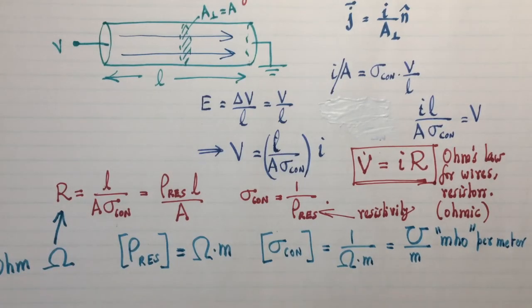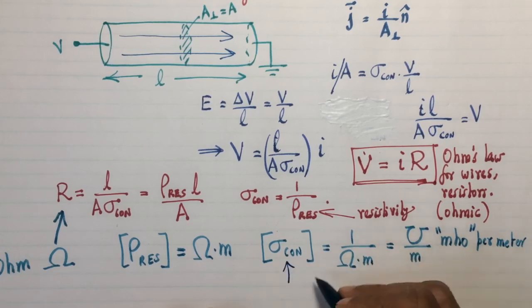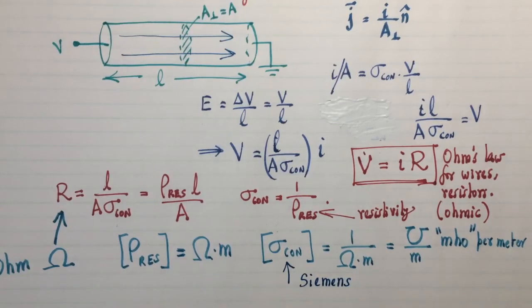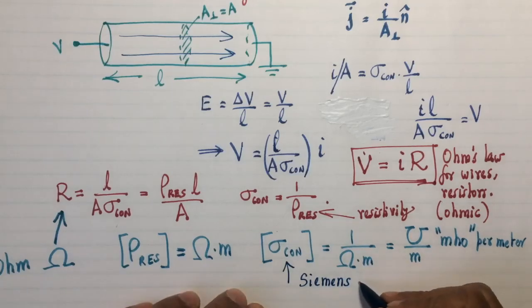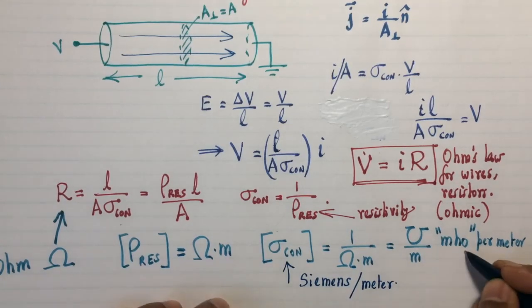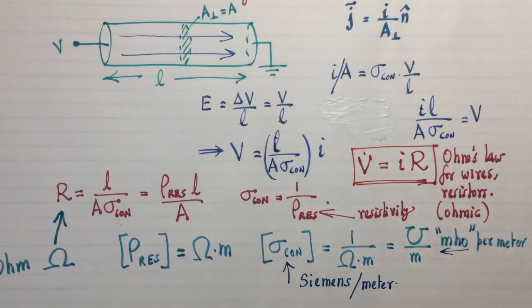The joke's gone too far." We're going to give SI units to sigma con, and it is now going to be called Siemens, after the German engineer Siemens, who was responsible for a lot of the motor technology that we have today. There's even a Siemens company that makes motors in Germany and worldwide. So those are the units for conductivity. I think it's Siemens per meter, instead of this funnily shaped ohm read backwards. Mho is ohm read backwards.